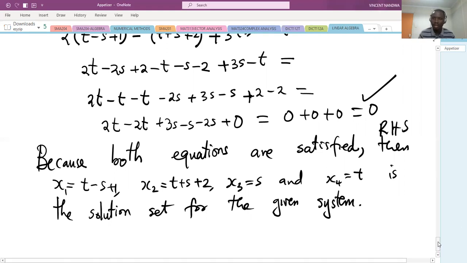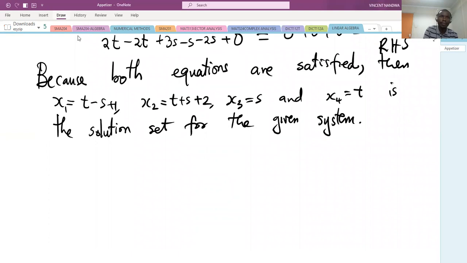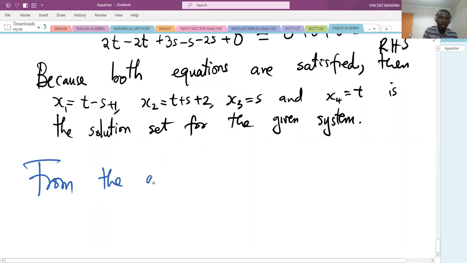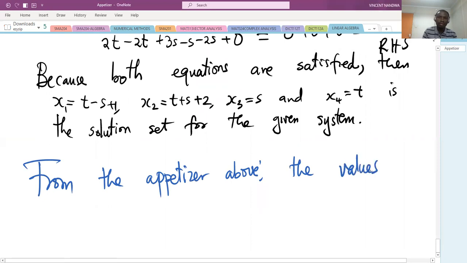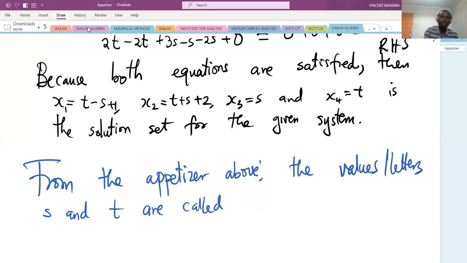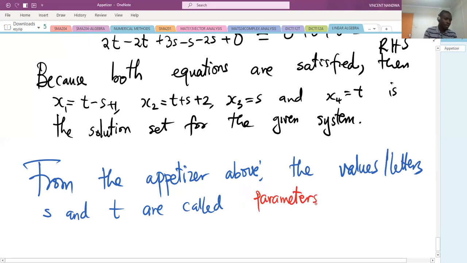So from this example above, the letters s and t are called parameters. So the letters t and s are called parameters.